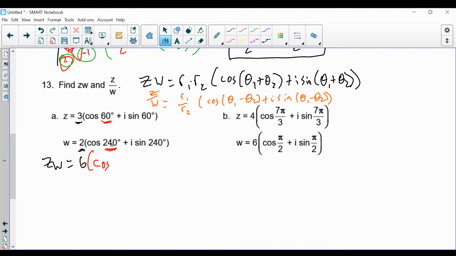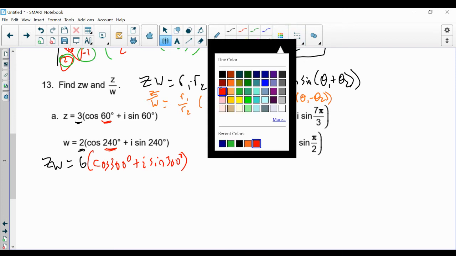So 60 degrees plus 240 is 300 degrees, and then it's going to be i sine of the same thing. And there we go. It doesn't say to do anything more with zw. It doesn't say to convert it or anything, so we can stop there. If it had asked us to put it in a different form, we could, but if it doesn't ask, why do it?